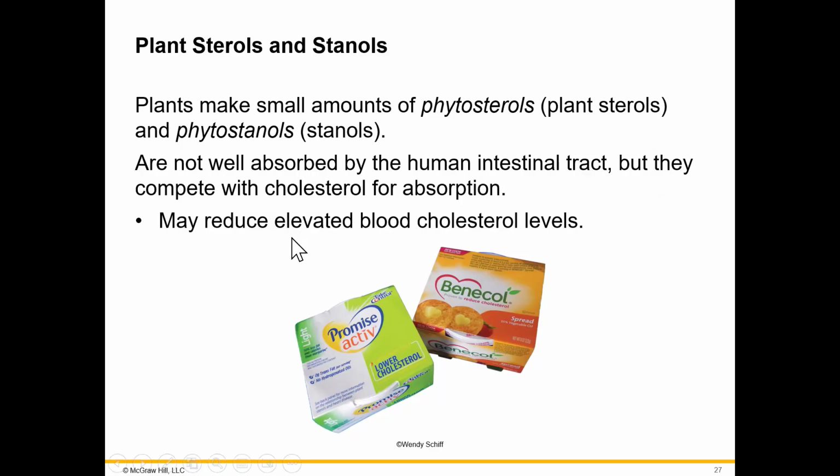That is why these phytosterols and phytostanols can be integral in reducing some cholesterol levels.